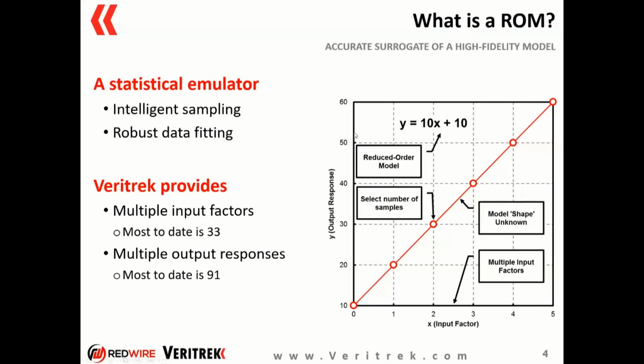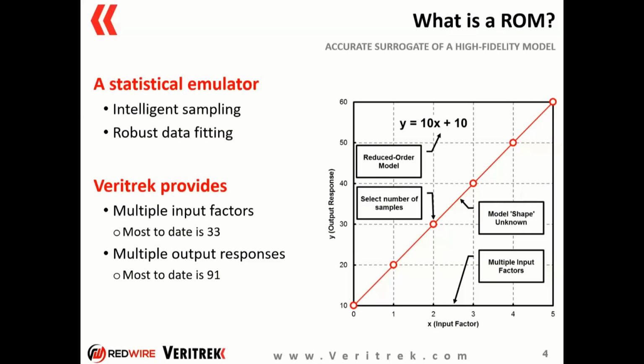The other thing that Veritrek does, and does quite well, is sample the design space. You can imagine that the expense of doing this is running the simulations to generate the training data. And so we have a highly optimized sampling scheme that gives you enough sampling points, but no more than what's needed. And we'll certainly talk about that later on.